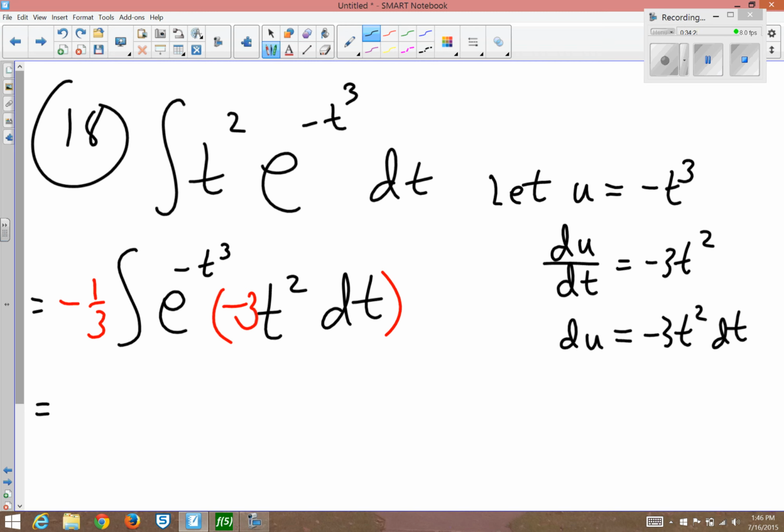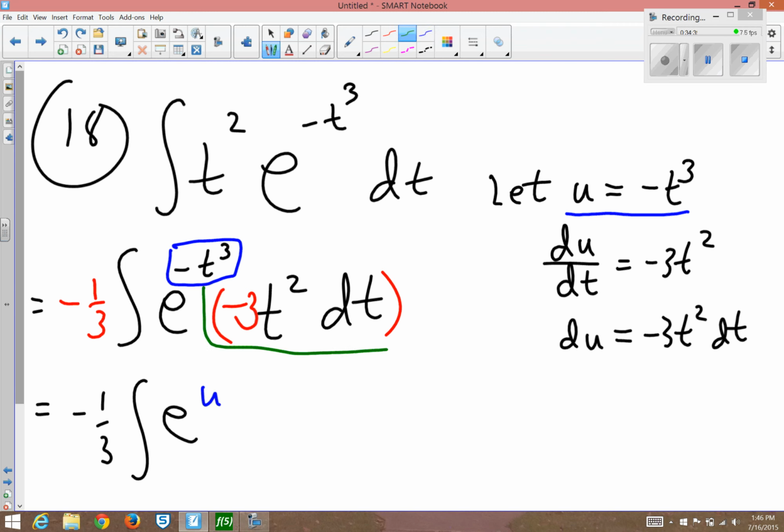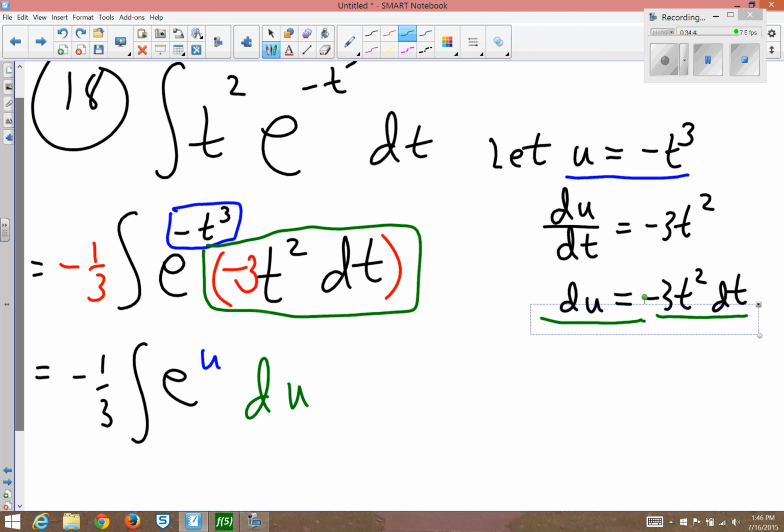Now we copy the negative 1/3, copy the symbol, copy the e. What does this exponent equal? The answer to that is right here. What does all this in the green equal? The answer to that is right here. So I let u equal something that was here, du is also there, and this is an integral I know.